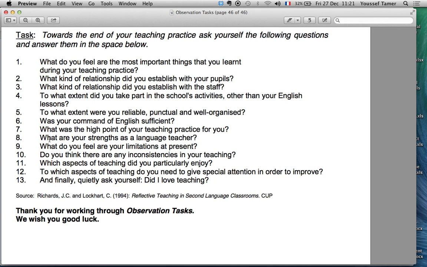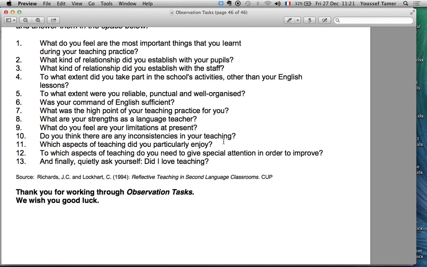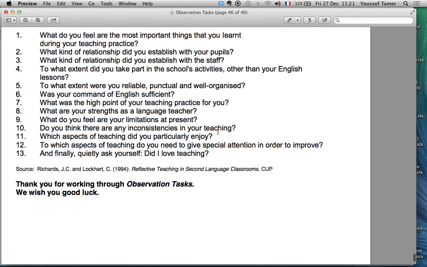What are your strengths as a language teacher? What do you feel are your limitations at present? Do you think there are any inconsistencies in your teaching? Which aspect of teaching did you particularly enjoy: teaching reading, speaking, writing, group work, individual work?